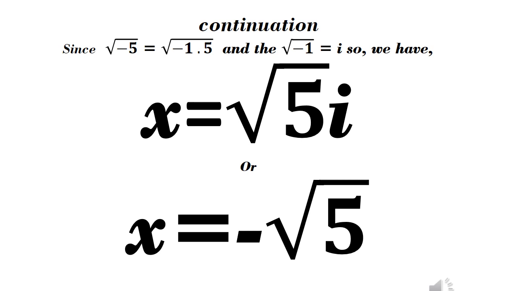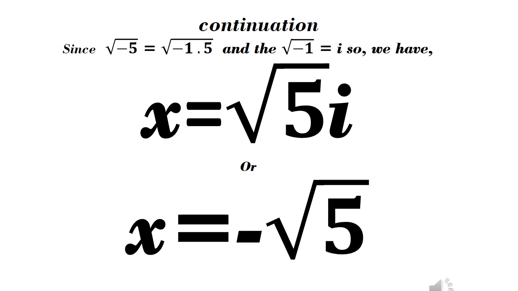Yes, since we have square root of minus 5 equals square root of minus 1 times 5. The dot there means times, multiplication. And the square root of minus 1, from our last lesson, we have been taught that square root of minus 1 is the same thing as the imaginary unit, i. i means imaginary unit.